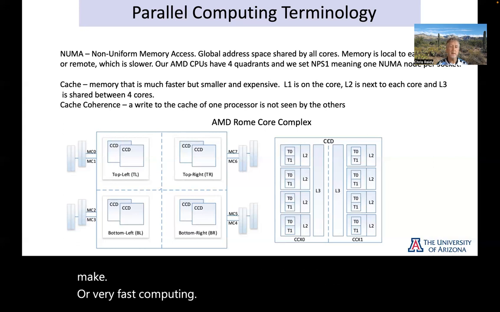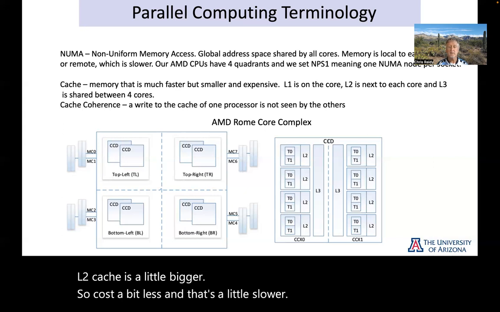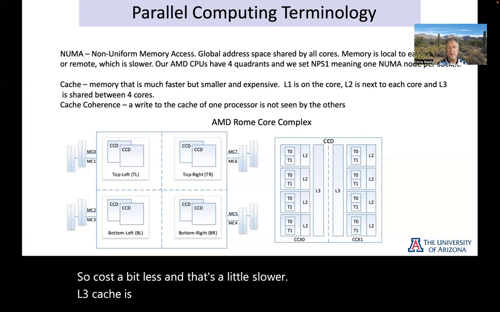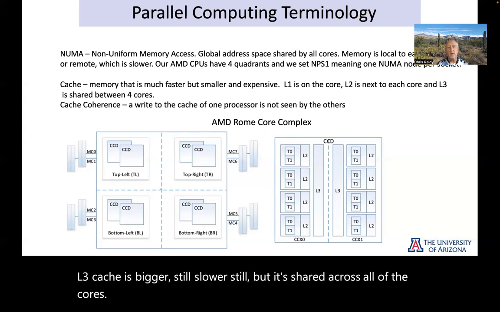L2 cache is a little bigger, so it costs a bit less, and it's a little slower. L3 cache is bigger still, slower still, but it's shared across all of the cores. So caching makes things faster.